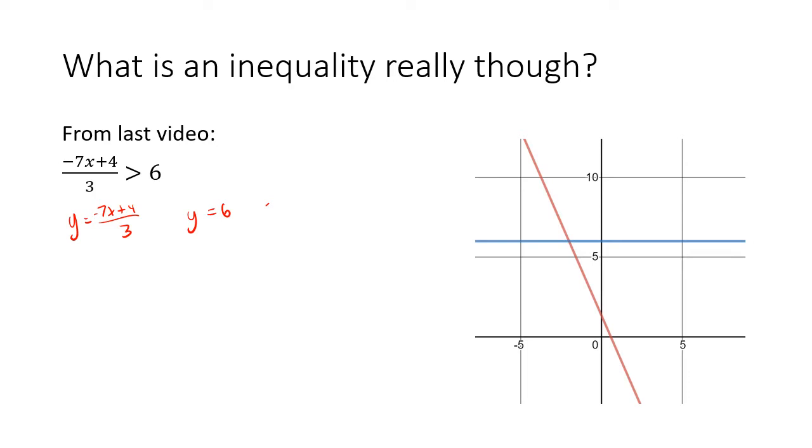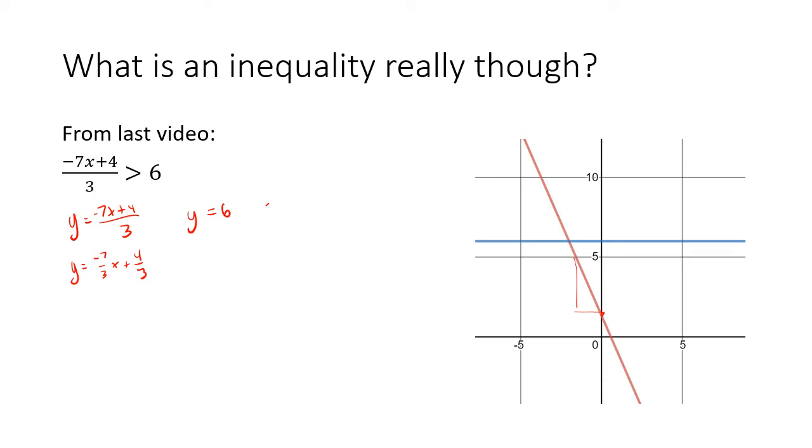And that's what I've done on this graph on the right. Okay, this red line is y is equal to negative 7x plus 4 divided by 3. A more familiar way of looking at that might be negative 7/3 x plus 4/3. So we have our y-intercept here at 4/3, and a slope of negative 7 over 3. So that's the red line.